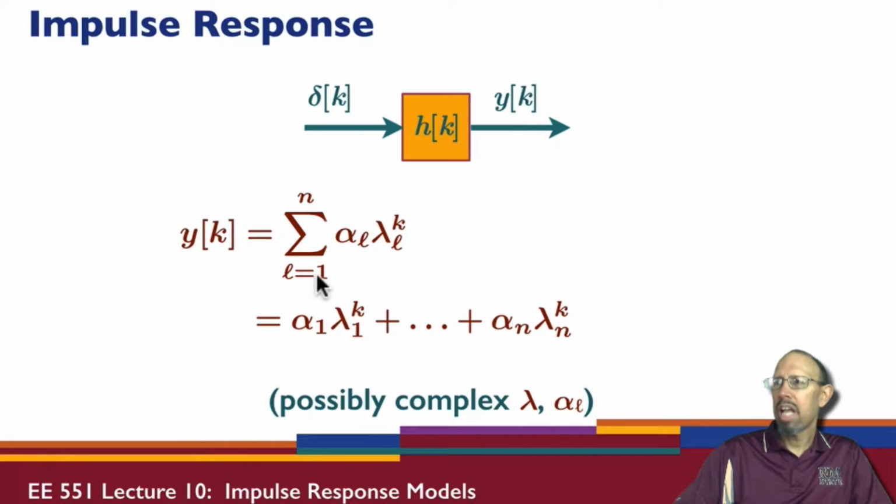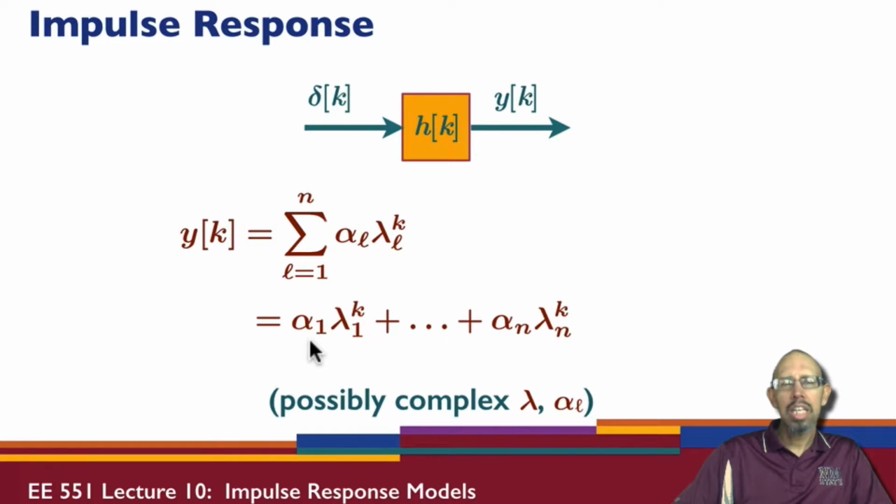In this case, I have lambda 1 to lambda n, and at the kth instance, we will get lambdas to the k. So this is the impulse response that we will get for a linear time invariant system.